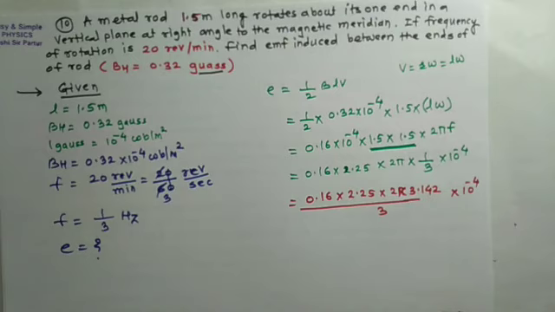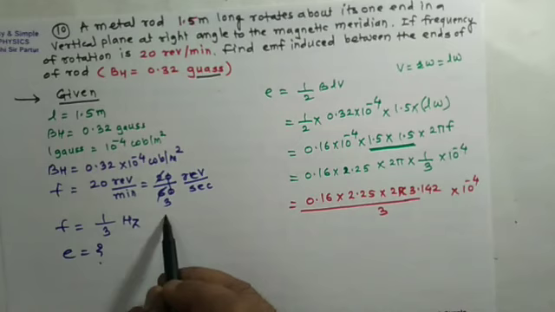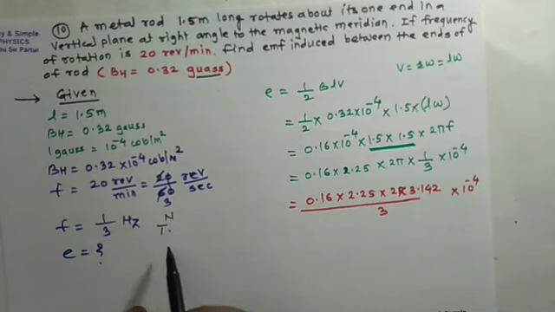By calculation, using a logarithmic table, if we use log, here the numerator having characteristic bar 1 for 0.16, 0.3 for 2.25, 0.3 for 2, 0.5 for 3.142, and their addition.